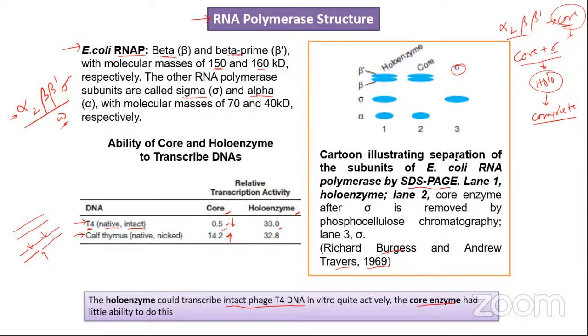When we compare the activity of the two forms, it seems that core enzyme is deficient in transcription of intact DNA molecule, while it can transcribe the DNA only if there are some single-stranded nicks in the DNA. The DNA is broken. Other way around, holoenzyme can transcribe intact DNA in a much more efficient manner.